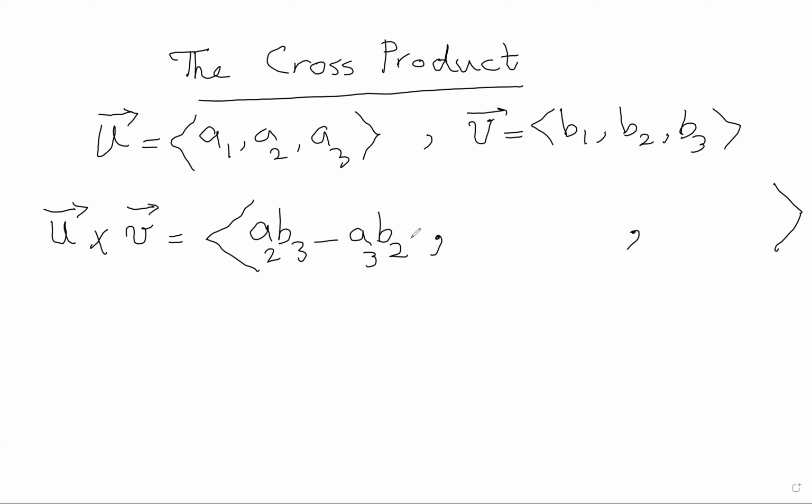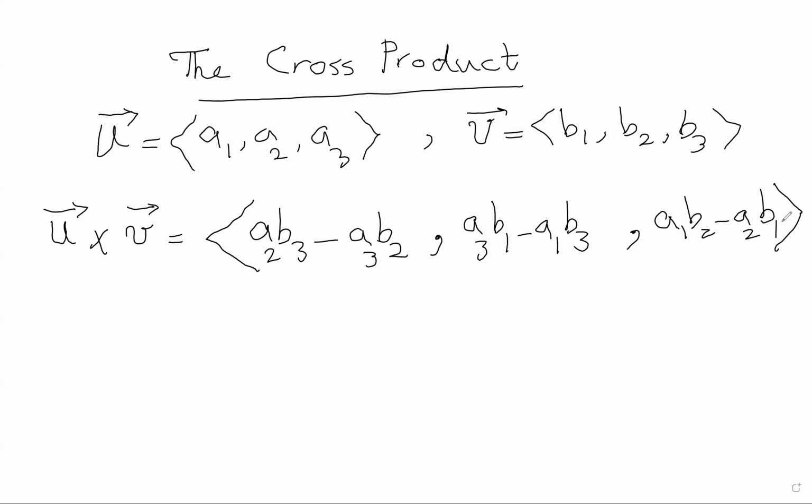The second coordinate is a3b1 minus a1b3. And the third coordinate is a1b2 minus a2b1. So that's how the cross product is defined.